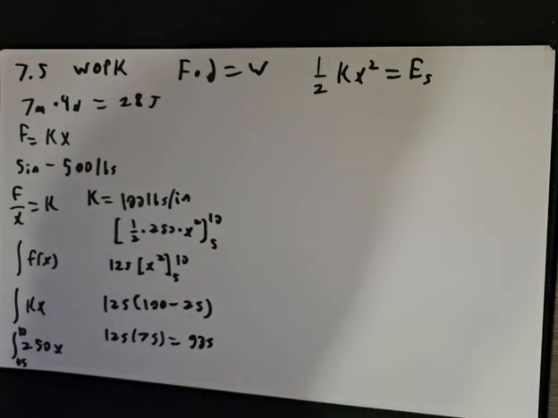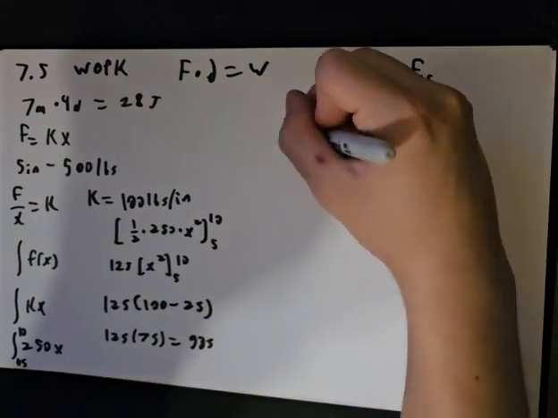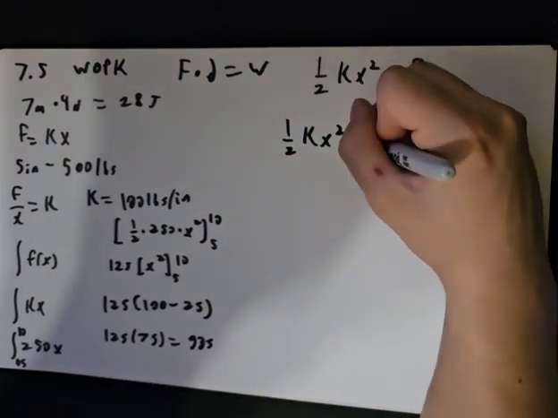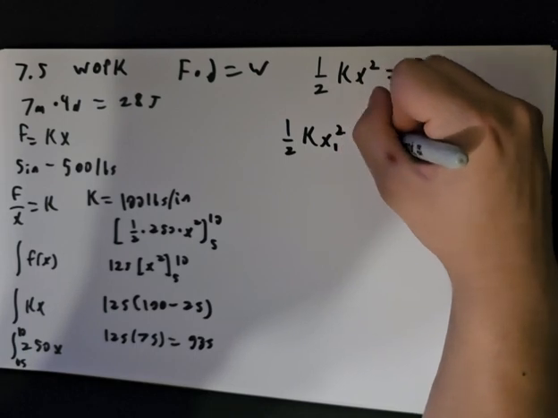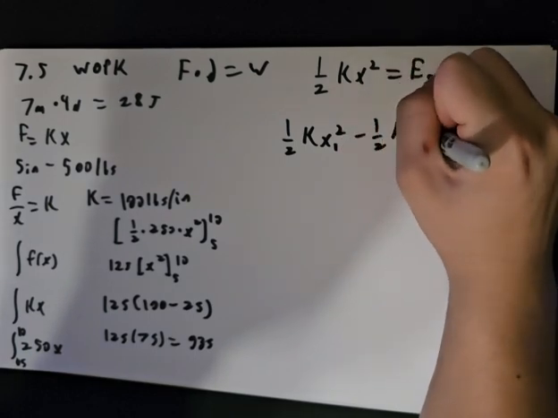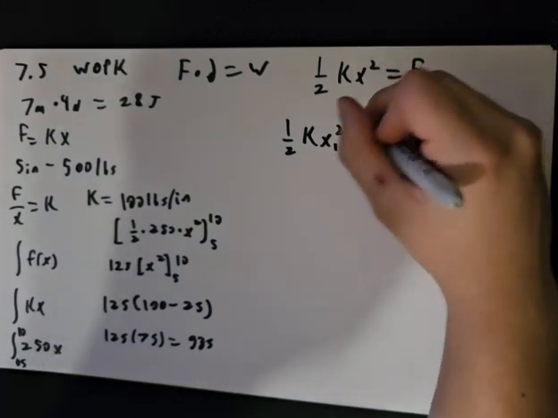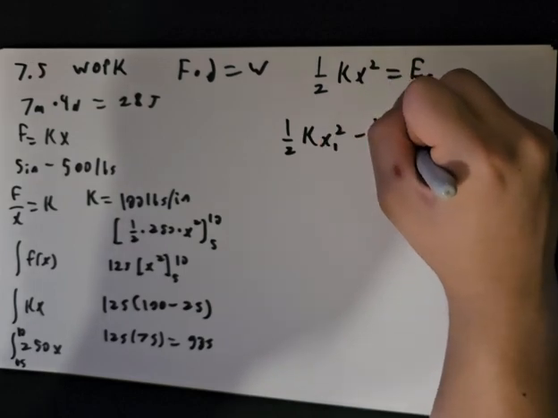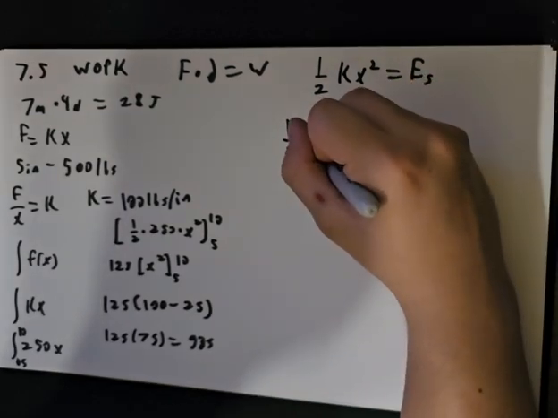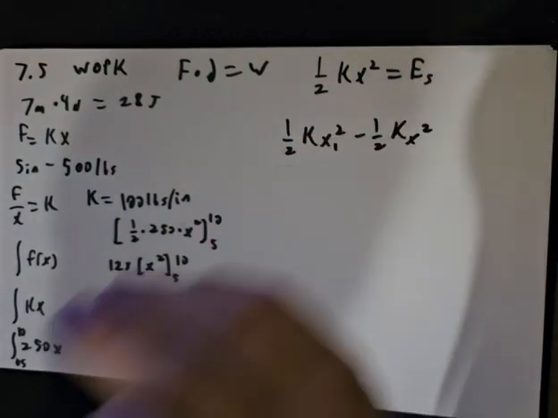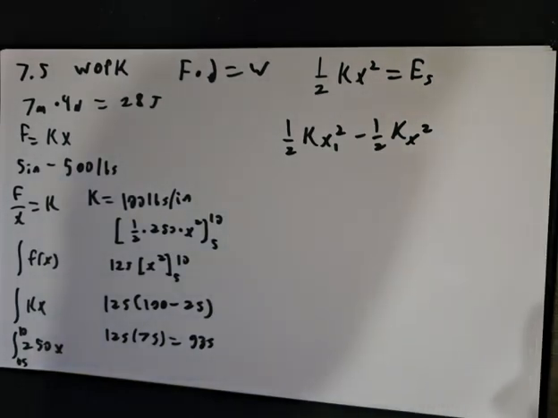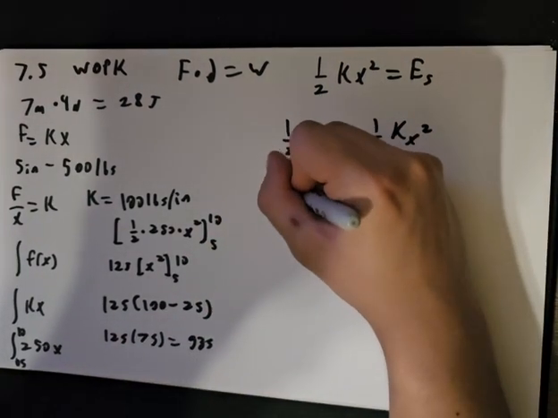Generally, you can do 1/2 kx squared minus 1/2 kx squared. So this is the energy we had initially, and this is the energy we will have at the end. Subtracting the two gives the energy we needed to compress it even more, and that is going to be equal to the work.